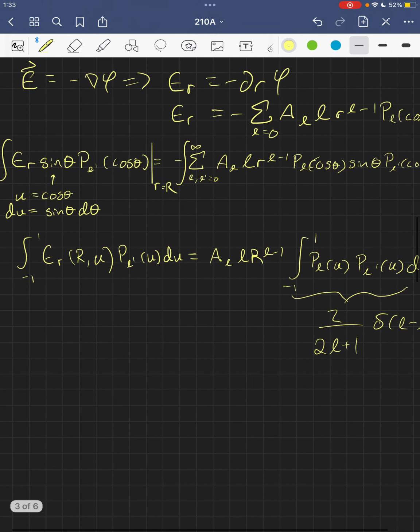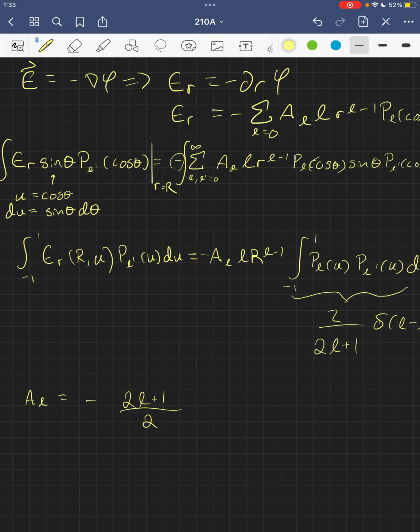So we can solve for A. AL is equal to negative. Oh, and I accidentally lost the negative from up here, so there is a negative here. Negative 2L plus 1 over 2.